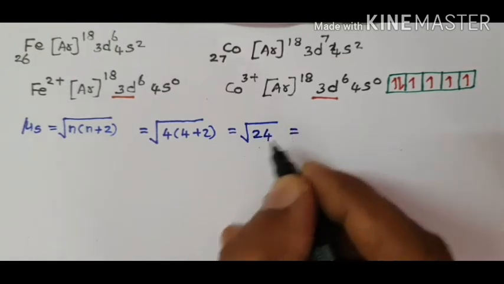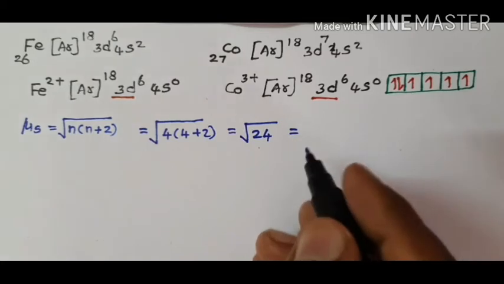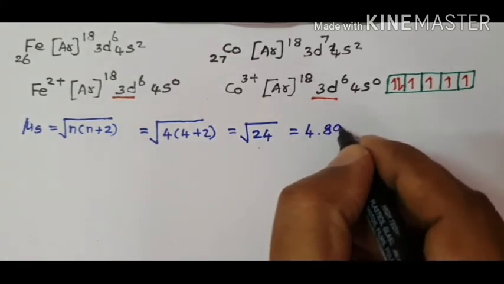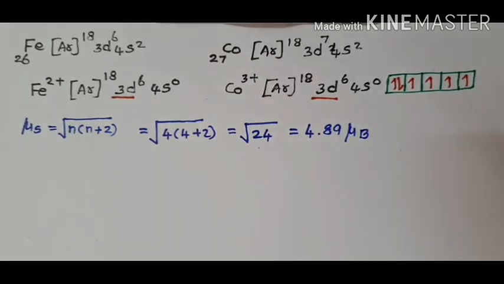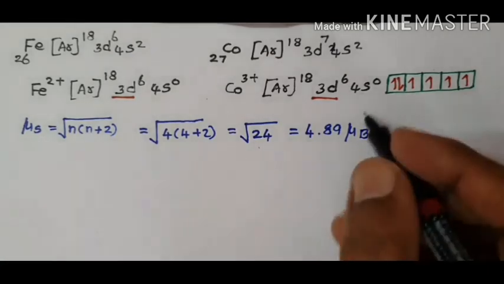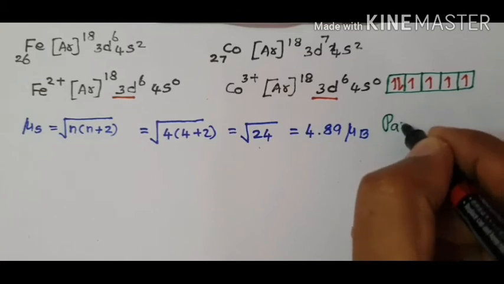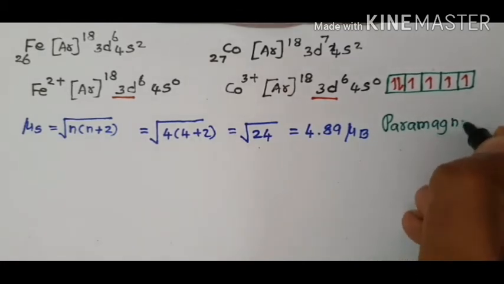If the number of unpaired electrons is 4, the magnetic moment answer also starts with 4. 4.89 Bohr magneton. Due to the presence of unpaired electrons, Fe2 plus ion and Co3 plus ion are paramagnetic in nature.